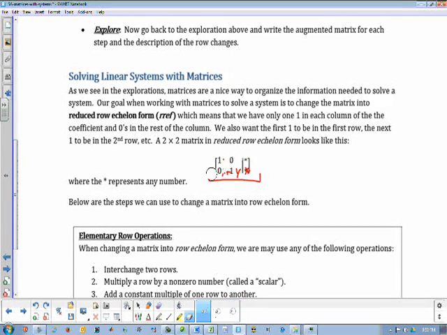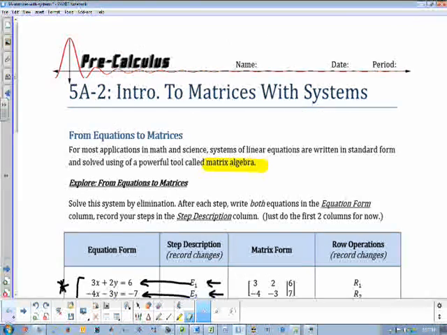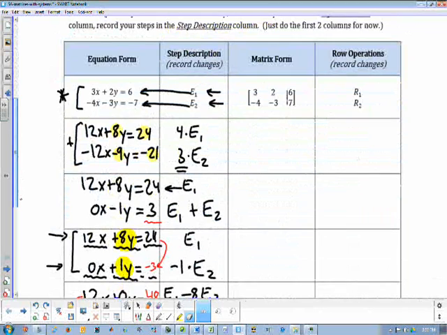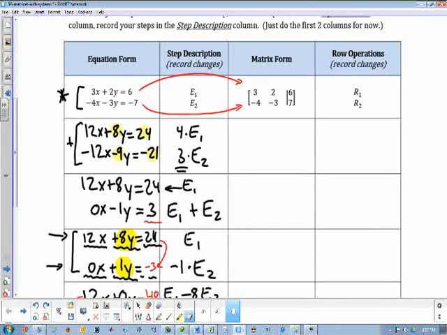All right? And so, let's flip the page back now. And let's do this as a matrix. So we're going to fill in the right 2 columns here. Using the coefficients and the constants, we get this matrix. This is an augmented matrix. And now we're going to call this row 1 and row 2.